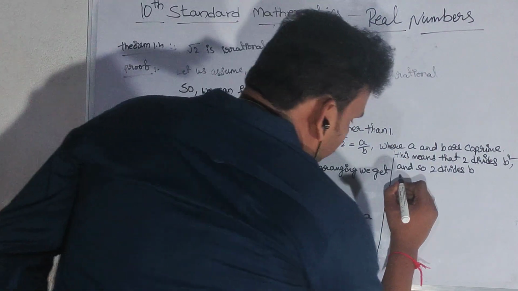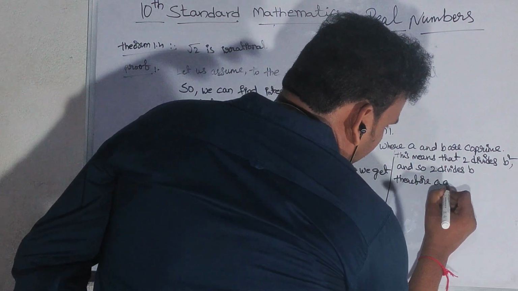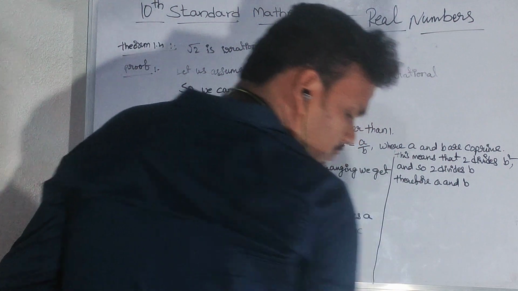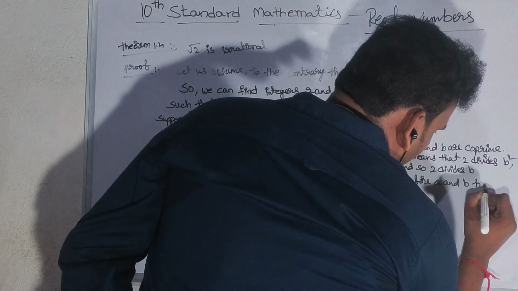Therefore a and b have at least 2 as a common factor.